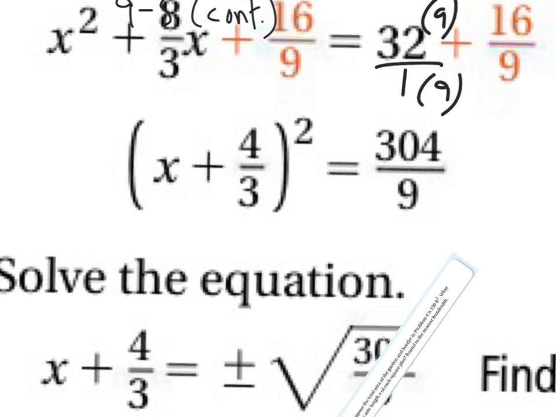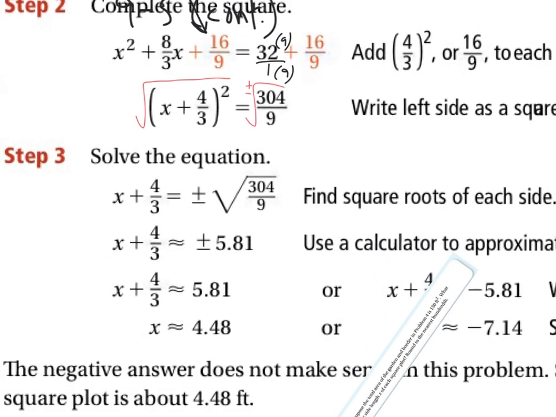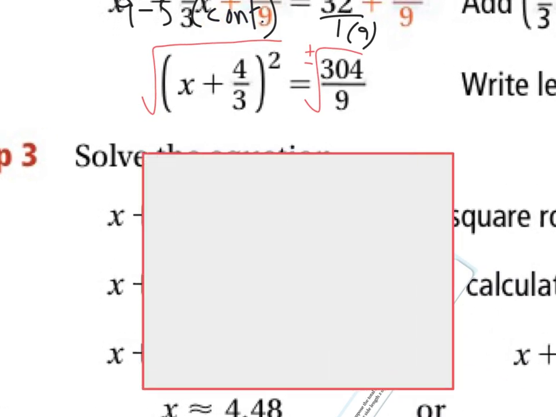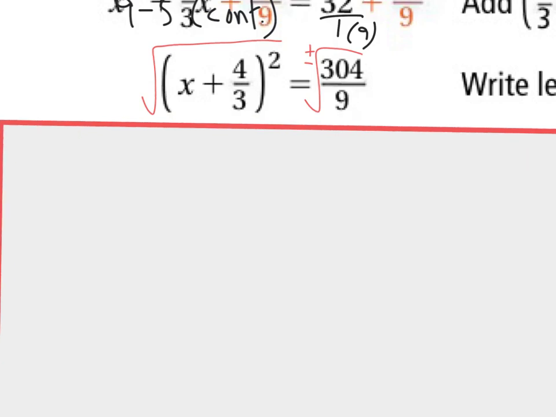Now we're ready to take the square root on both sides, plus or minus. When you do that, they just got an approximation for what that is. Sometimes we might be asked to find the exact and approximate answers, so I'm going to go a little different route than what the book took at the end here.